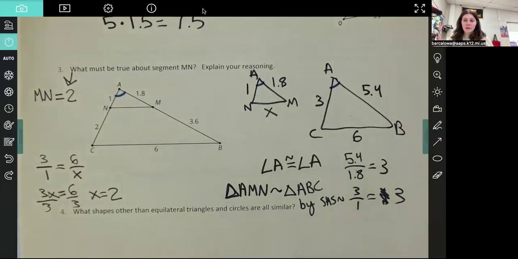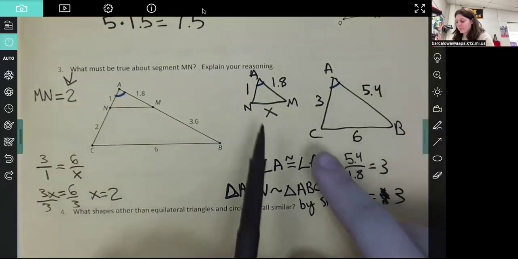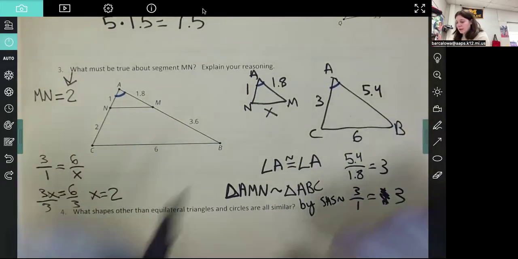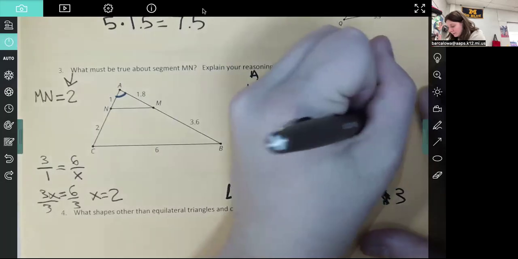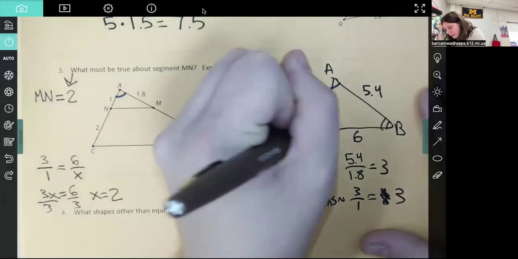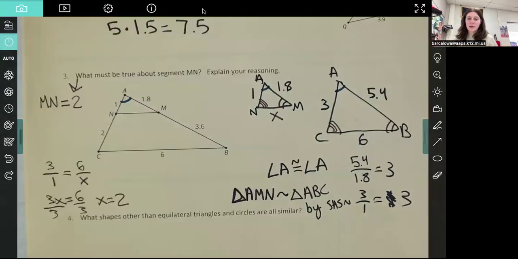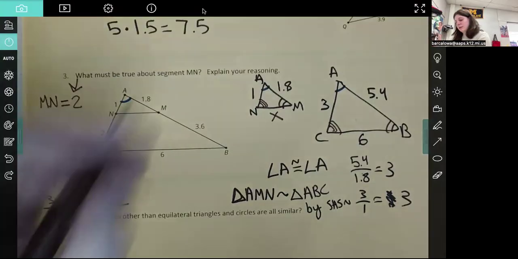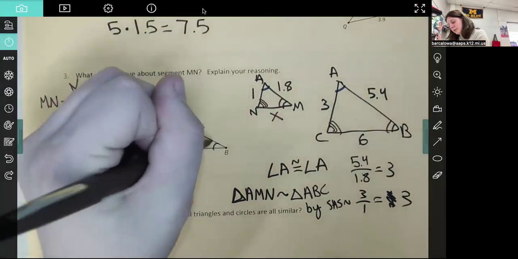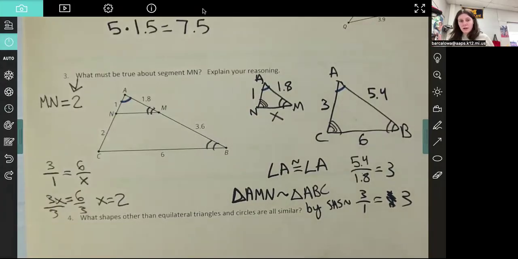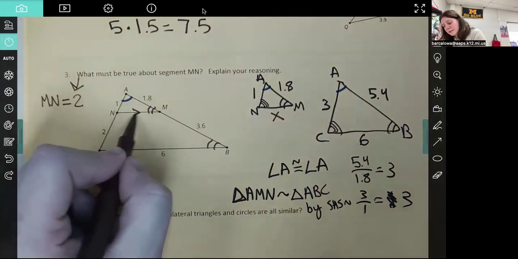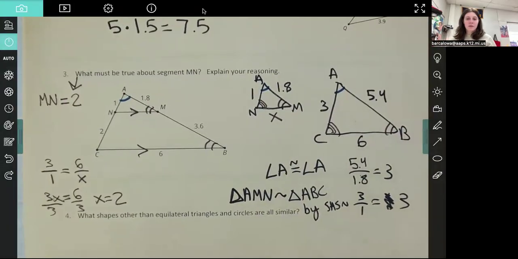Okay. The other thing I know, now that I've shown these are similar, is they have congruent corresponding angles. Meaning, if this is equal and this is equal, hey, that must mean these lines have to be parallel, right?